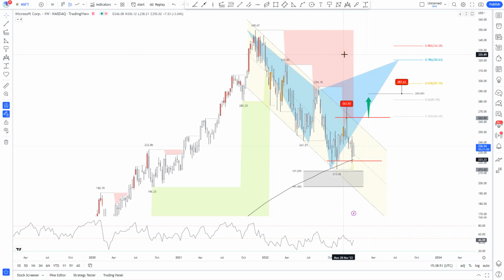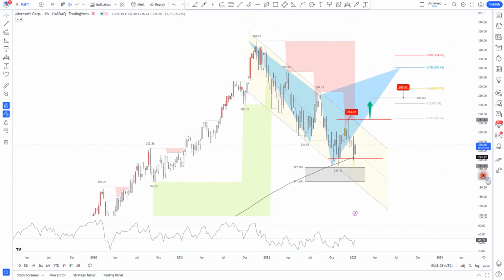Okay, so basically we are paying attention initially to a potential breakout of the resistance. Of course, I don't need to repeat myself, but a clear violation of the lows will invalidate and vanish these studies and these patterns.